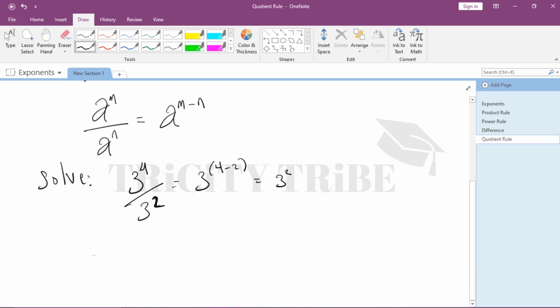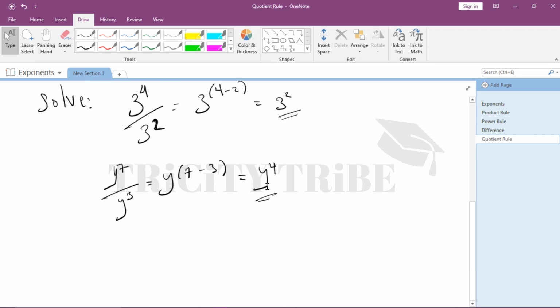If you have y raised to power 7 over y raised to power 3, that is y to the power 7 minus 3, which is y raised to power 4. This is how you solve for the quotient rule.